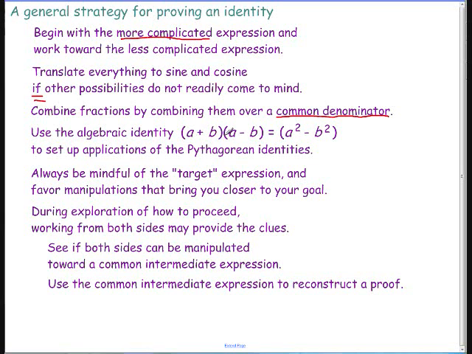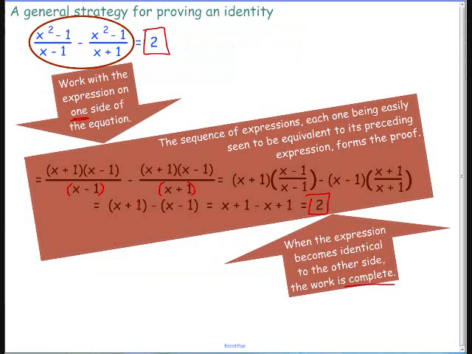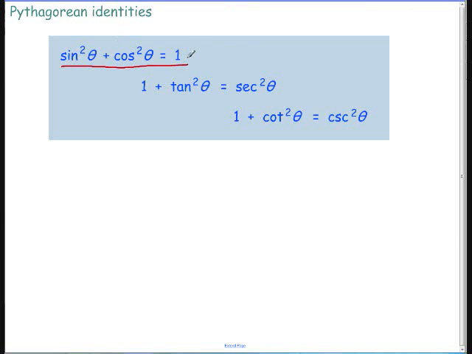Remember that conjugates multiplied together will give you a difference of squares, and when you look at the Pythagorean identities, we don't see any difference of squares here, do we? But they're very often showing up as a difference of squares.